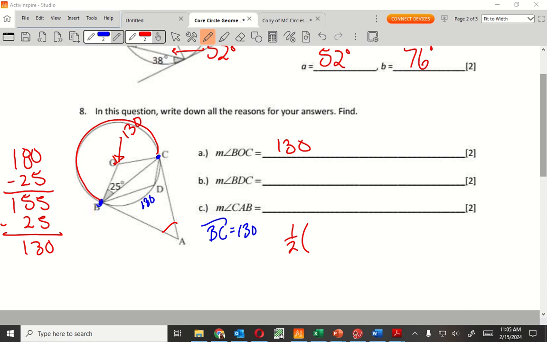So I'm going to do 360 minus 130, which is going to give me 230. So my big arc is 230 minus my little arc, 130. After I do my math, 230 minus 130, does that say 100? What's half of 100? 50.